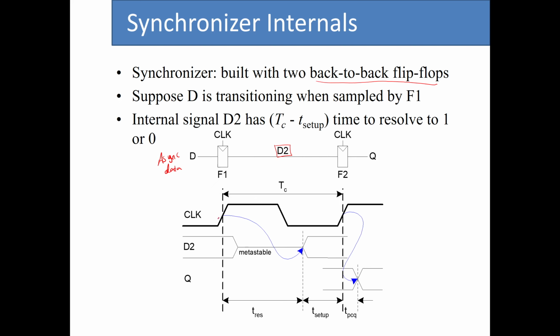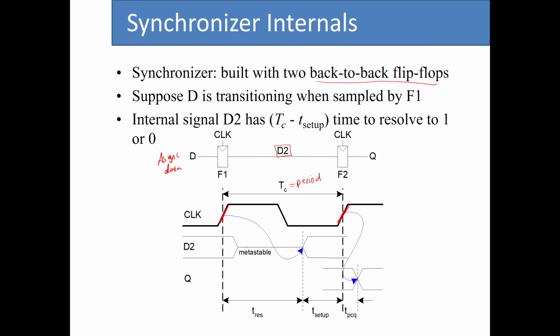So if we have our clock signal to be like this, and if I highlight these two rising edges of the clock, we know that Tc, or the period of the clock, is basically the time between two consecutive rising edges of the clock.